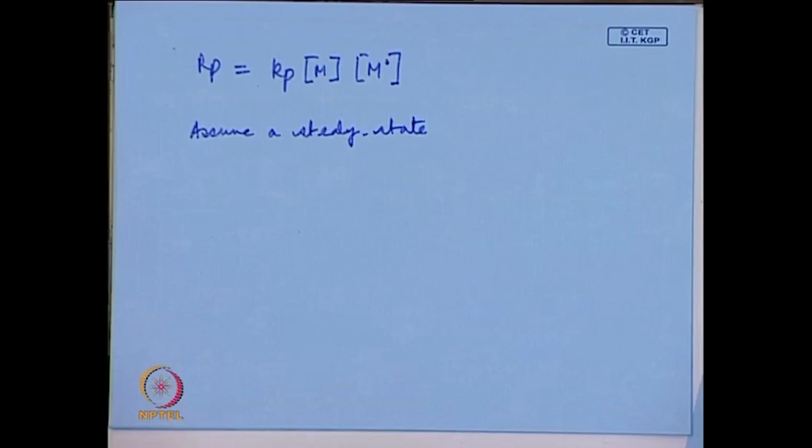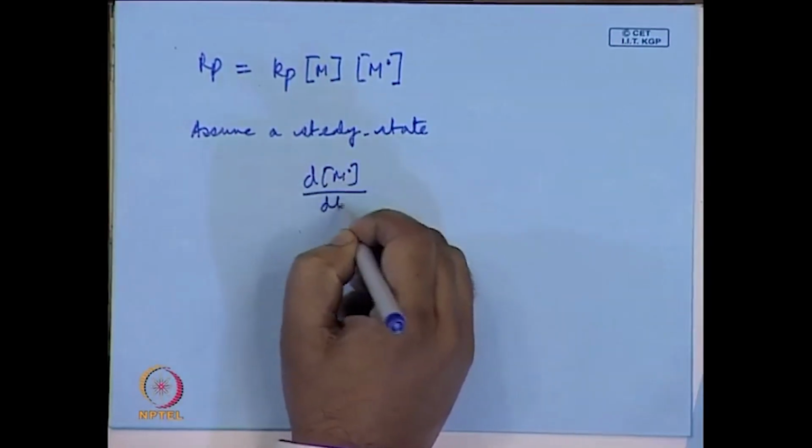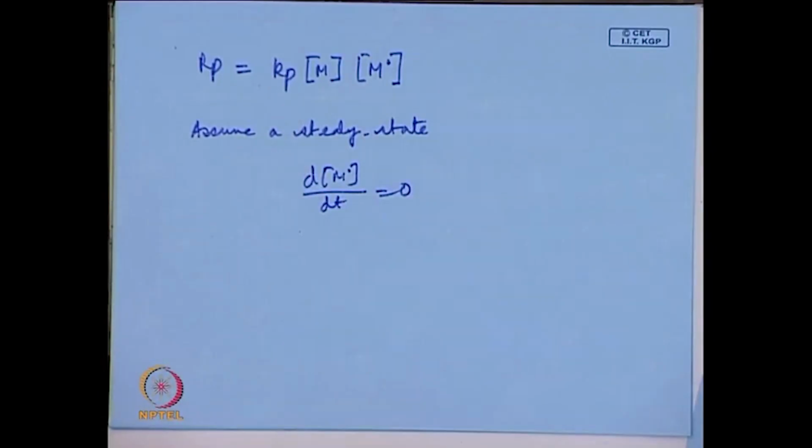Immediately after the reaction starts, the change in total radical concentration becomes 0 with time, which means the radicals are consumed at the same rate as they are produced. Radicals get produced in the initiation reaction and destroyed in the termination reaction, which we are going to talk about in a minute.